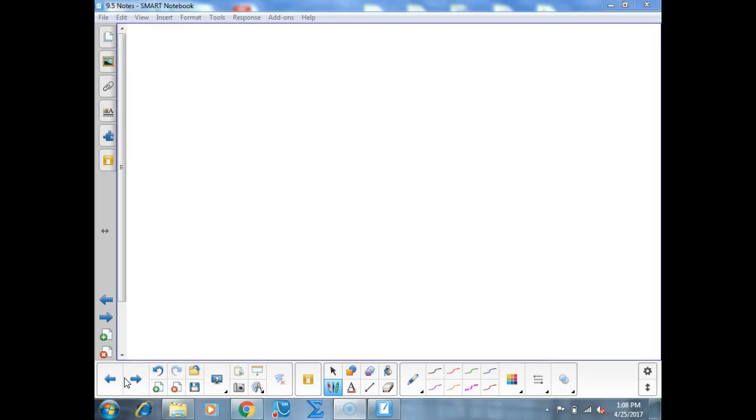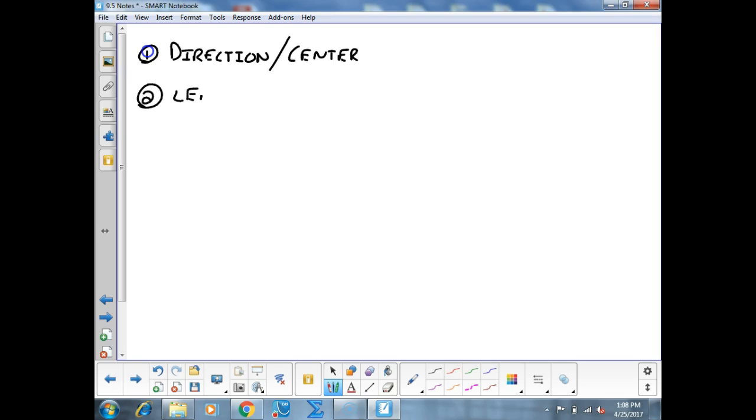What are the 7 steps? Direction and center. Step 2: left, right side of the box. Three: top, bottom.